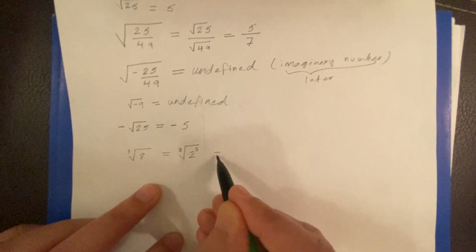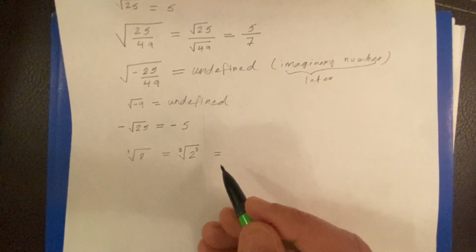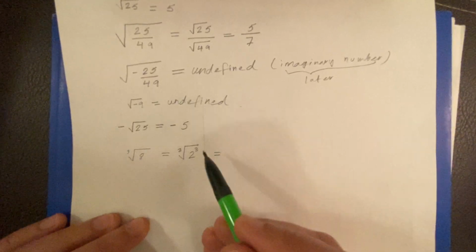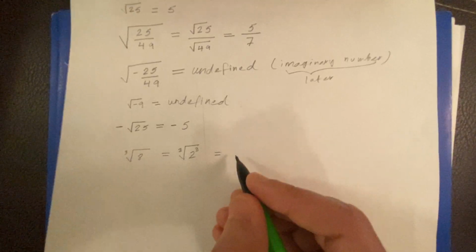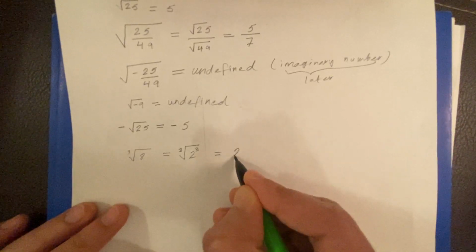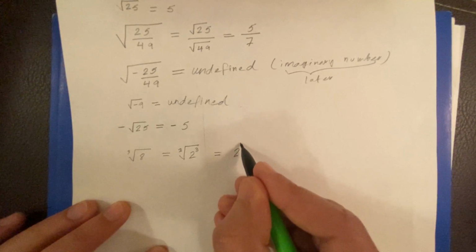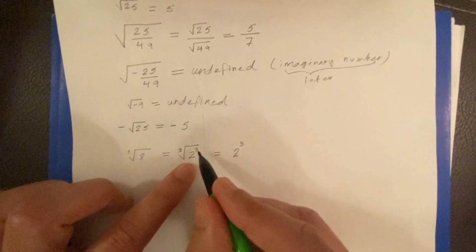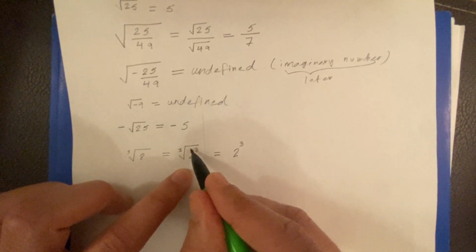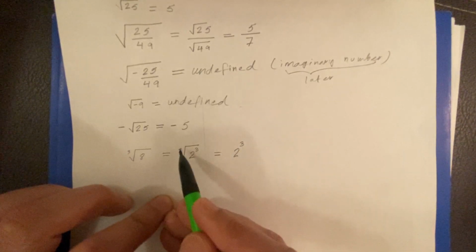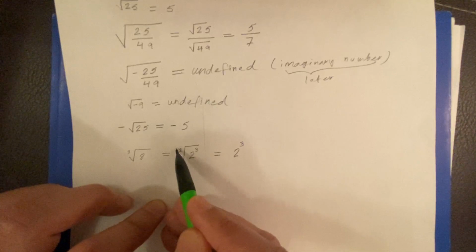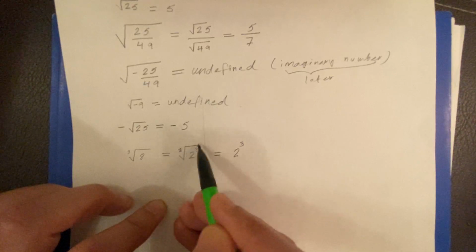So now to find the value of this, you can change a cube root to an exponential form, which is basically 2 to the power, well, this 2 to the power 3, we have it inside the root. So we're just going to write that here again. And this 3, well, this 3 is the index of this root.